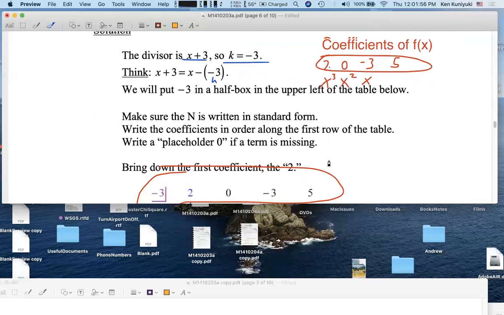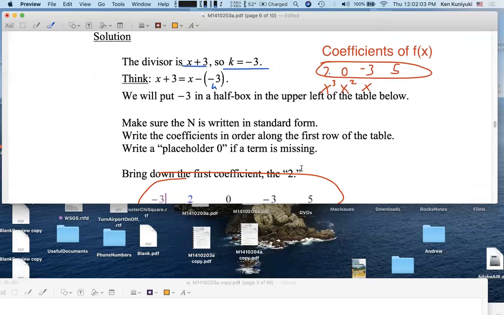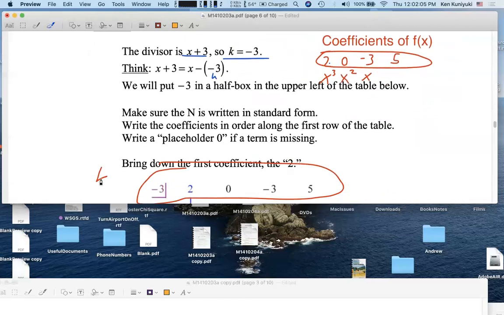So our first row, when we do the synthetic division, we put the negative 3, the value for k here, in the dunk tank. And then we put the coefficients based on the descending powers form, right? But you must put the 0.